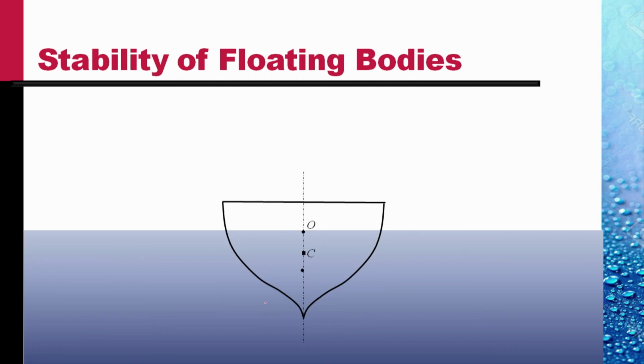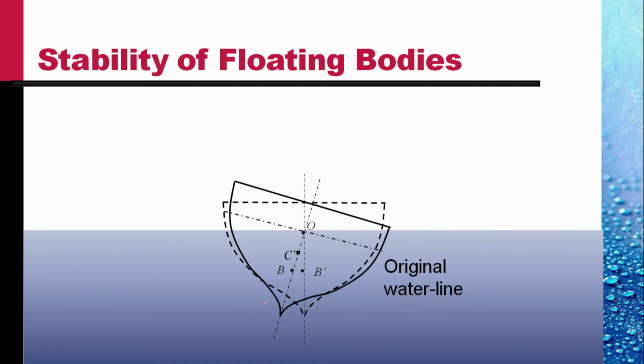To analyze this, let us consider this simple shape of the ship, where O is at the waterline, C is the centroid.